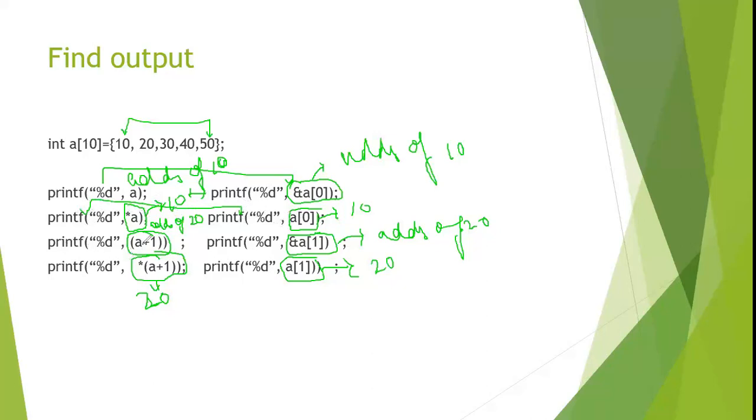And if I write printf A plus 1 or printf ampersand A[1], they both are the same. They are going to return you the address of the second variable. And if I write printf *(A+1) or printf A[1], it will give you 20 as the output and they are the same. So there are two ways of doing the same operation.